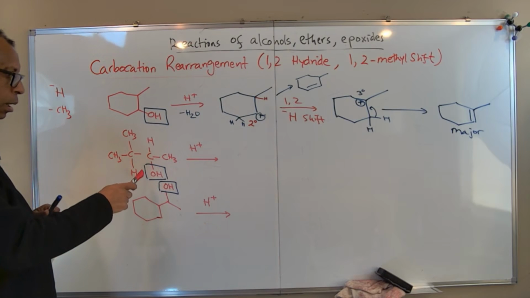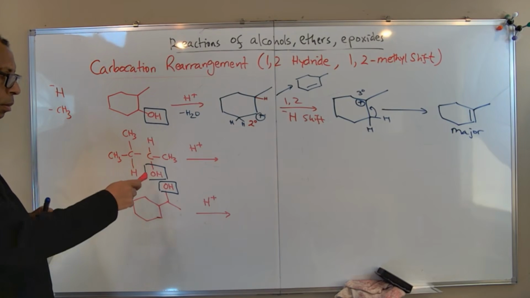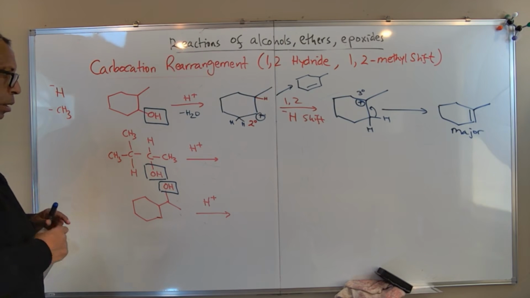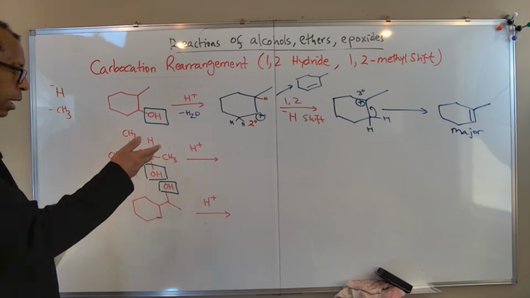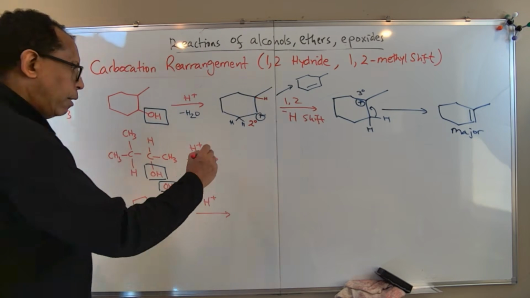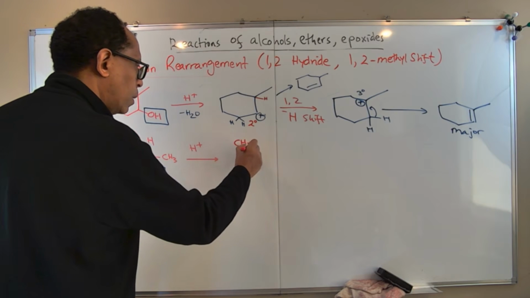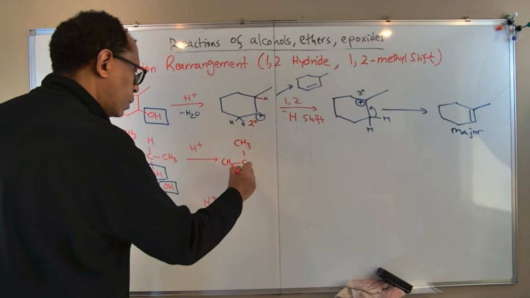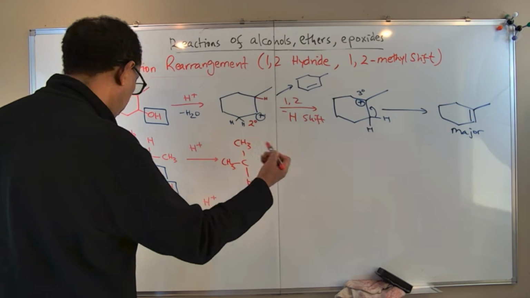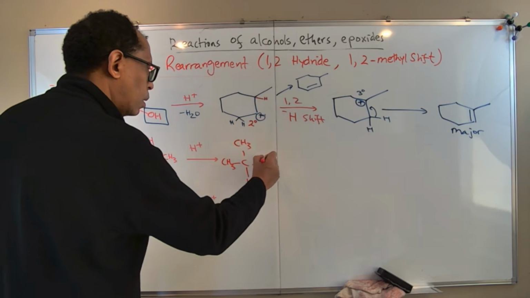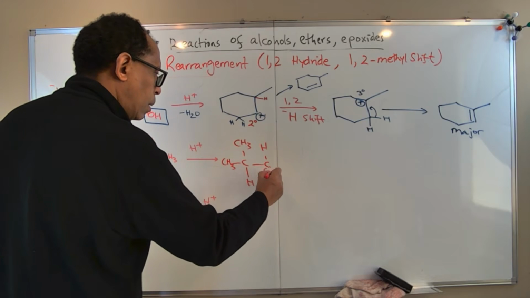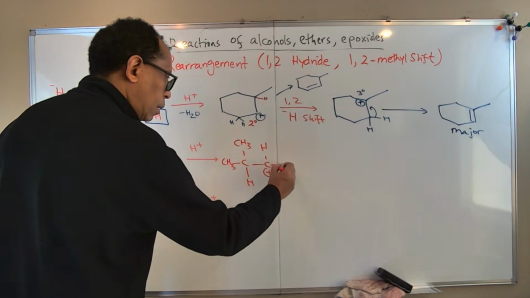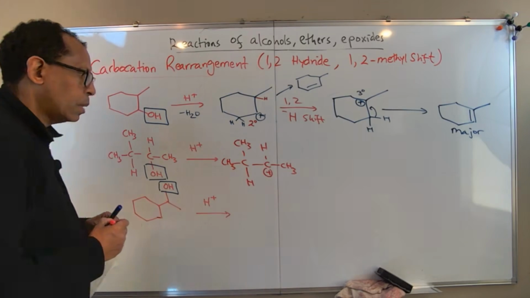Let's dehydrate this alcohol by protonating with sulfuric acid or any kind of strong acid. Now I will have the carbocation formed like this. I'm skipping the protonation step, just showing you the carbocation, and this is CH3.